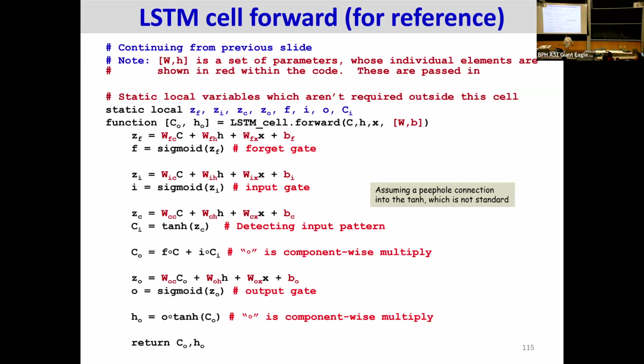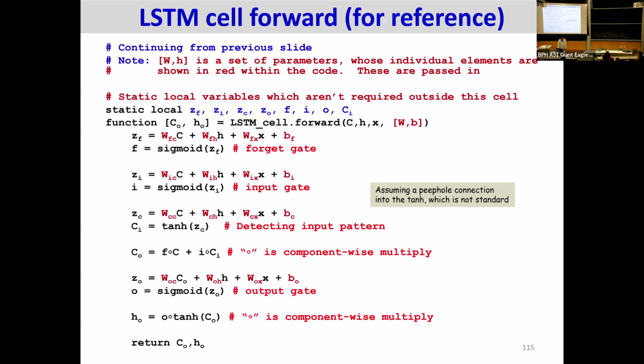So it first computes an affine term for the forget gate, then computes the sigmoid for it, computes the affine term for the input gate, computes the input gate value, computes the affine term for the pattern detector, computes the pattern, and the memory is updated by first multiplying it by the forget gate and then adding the weighted pattern that was detected. And then using this, it computes an affine transform and then computes the output gate, which multiplies the transformed memory value and then passes it out. So this is the sequence of operations, right?